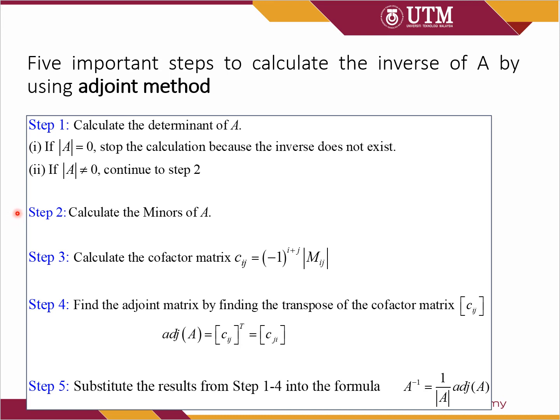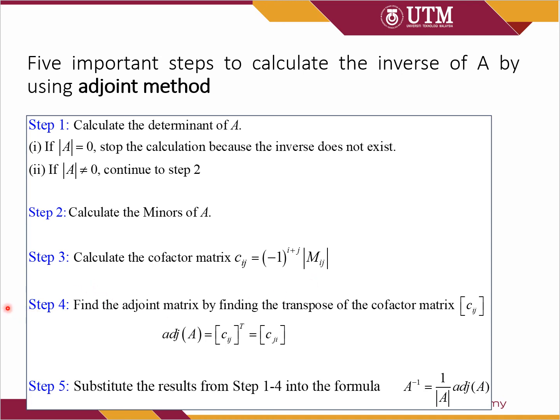For step 2, we calculate the minor of A, where we delete the ith row and the jth column. And then we calculate the cofactor matrix, where the formula for the cofactor is negative 1 to the power of i plus j multiplied by the minor Mij.